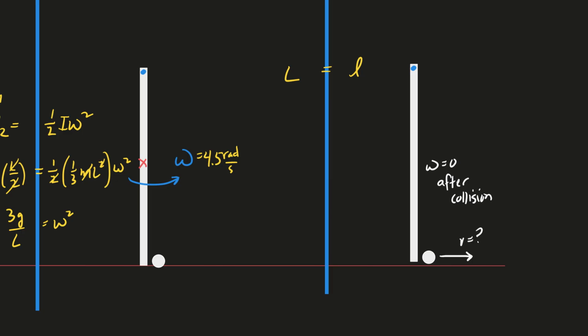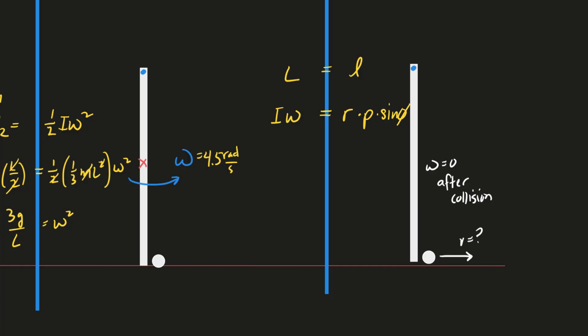This part's not particularly hard if you know what the parts are. Now the left side's going to be I times omega, because that's the angular momentum of a rotating object. But the right side, because the bar is stopped, it has no more angular momentum, but the ball keeps going. The ball has angular momentum relative to the pivot, and it's calculated as r times p times the sine of an angle.